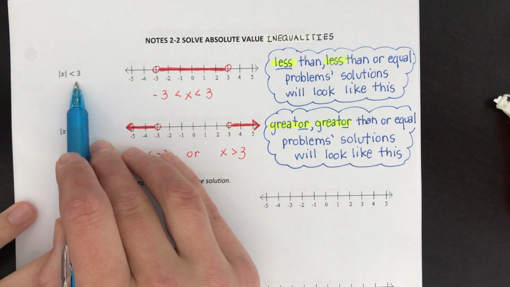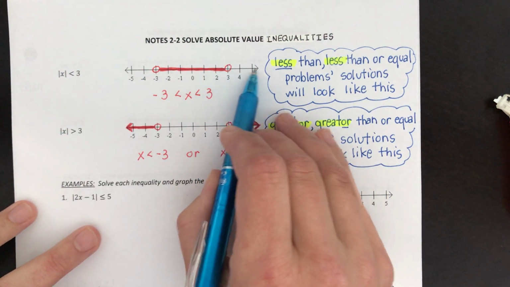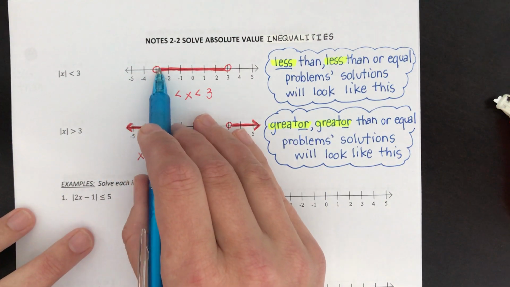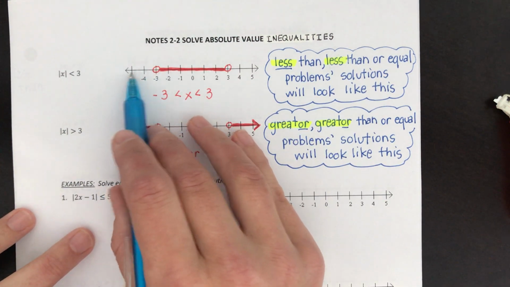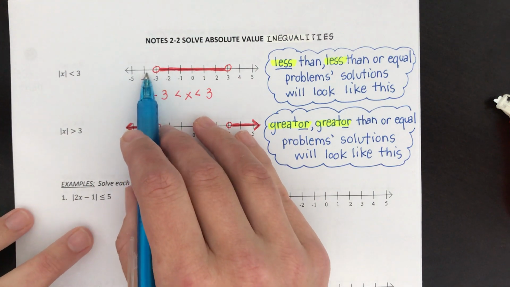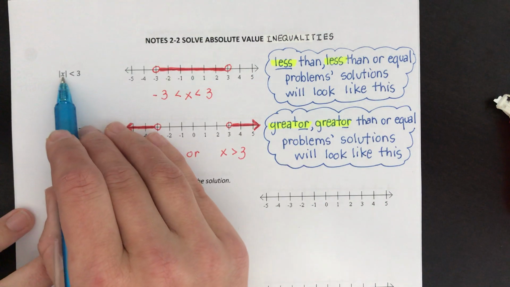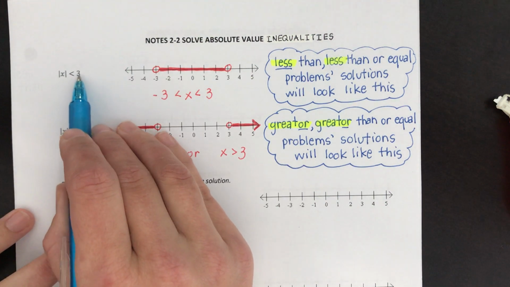Now, anything outside of the shading, even including the open circle here, would produce an untrue statement. Even if I plug in 3, the absolute value of 3 is 3, and 3 is not less than 3.